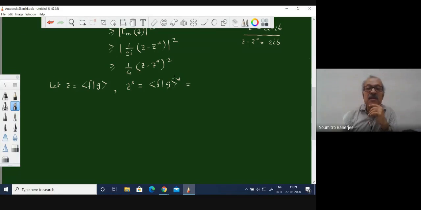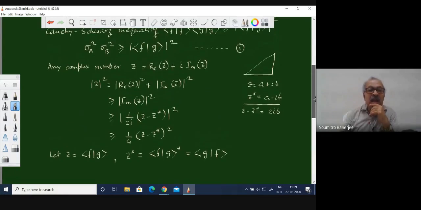And we have already seen that this is nothing but, if you change the positions of F and G, the inner product of G and F. Okay. So we substitute and then we can write. Notice that we started from here. We'll just put it here.